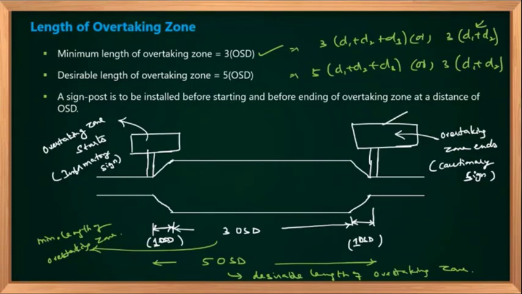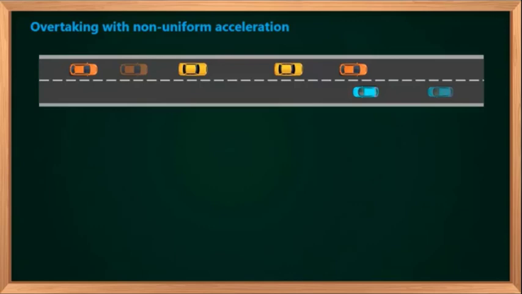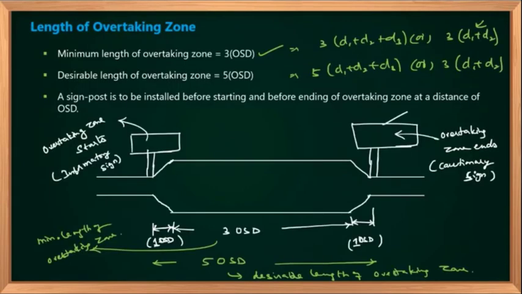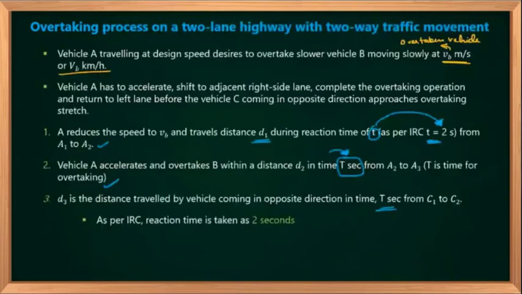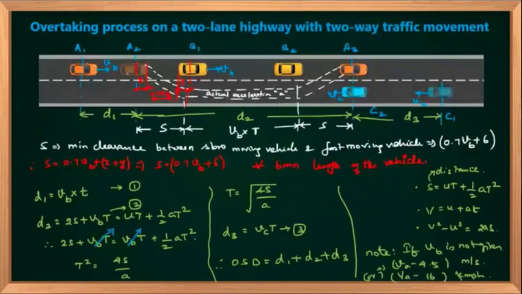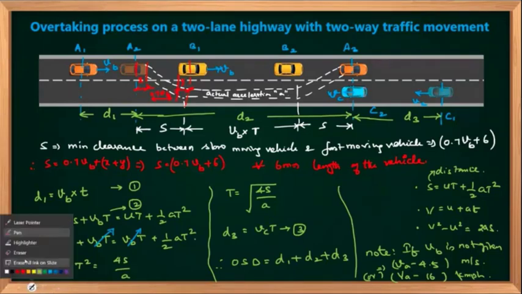Shall we proceed with a point called overtaking with non-uniform acceleration? See here, in this we said that this vehicle is going at the same acceleration throughout the overtaking operation.